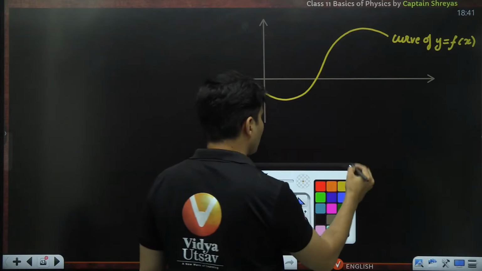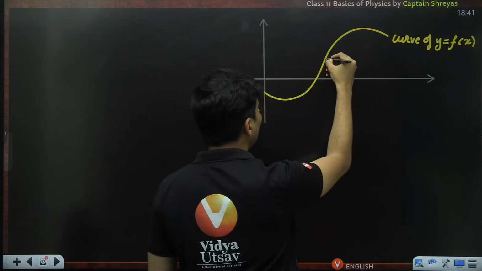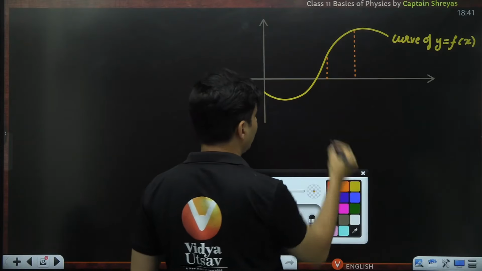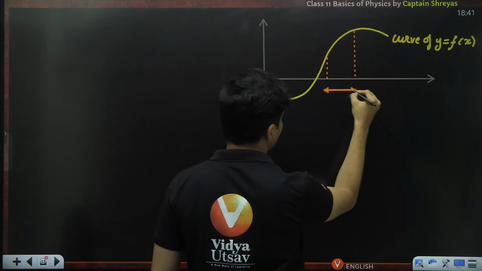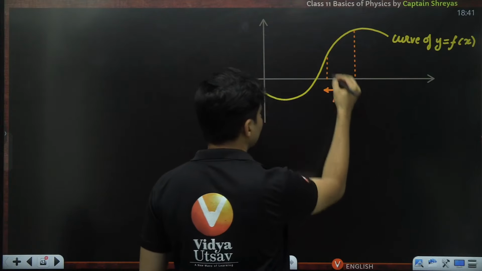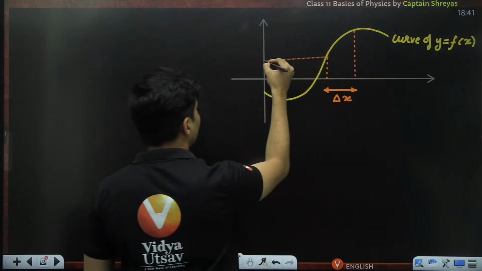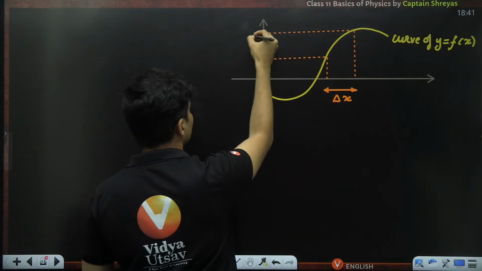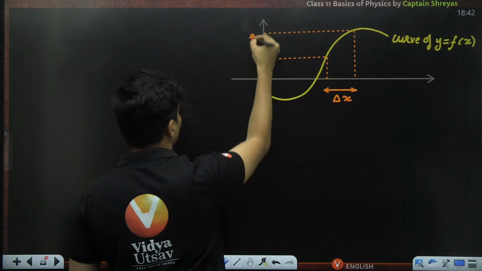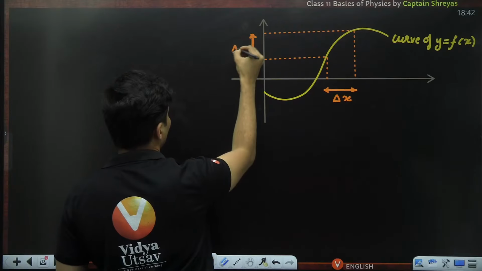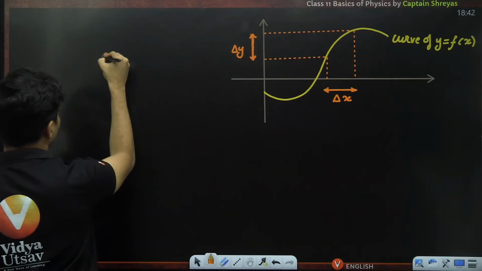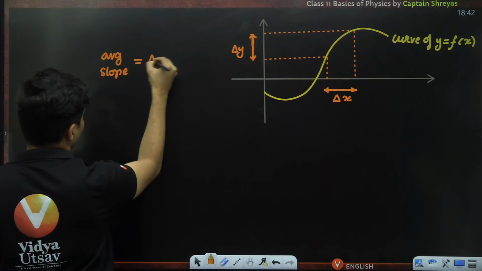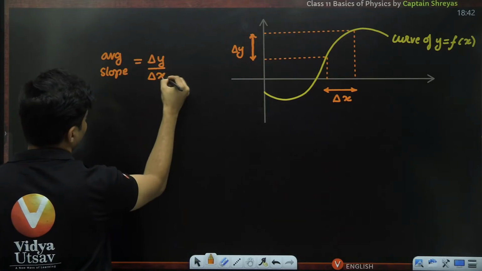I just know that if I take two far away values like this, which are separated by a decent distance like delta x, then there is a good amount of change in their output, which is represented by your delta y, and what you get is the average value of the slope, which is delta y by delta x.